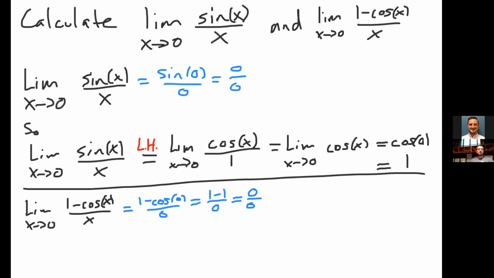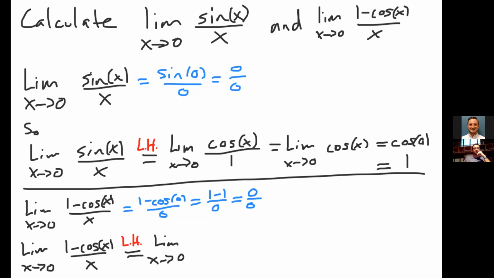So I can apply L'Hopital's rule to this limit. So the limit as x approaches 0 of 1 minus cosine of x divided by x, by L'Hopital's rule, is going to be equal to the limit as x approaches 0 of the derivative of the stuff on top divided by the derivative of the stuff on bottom.